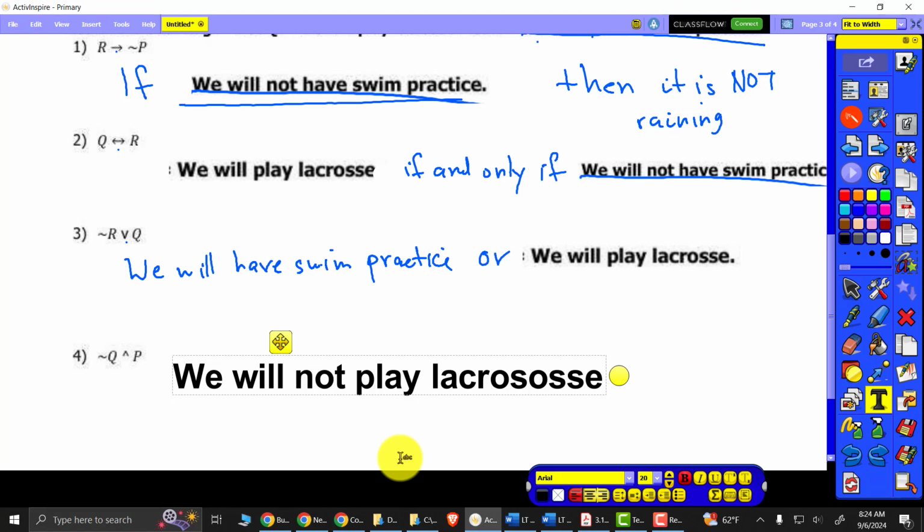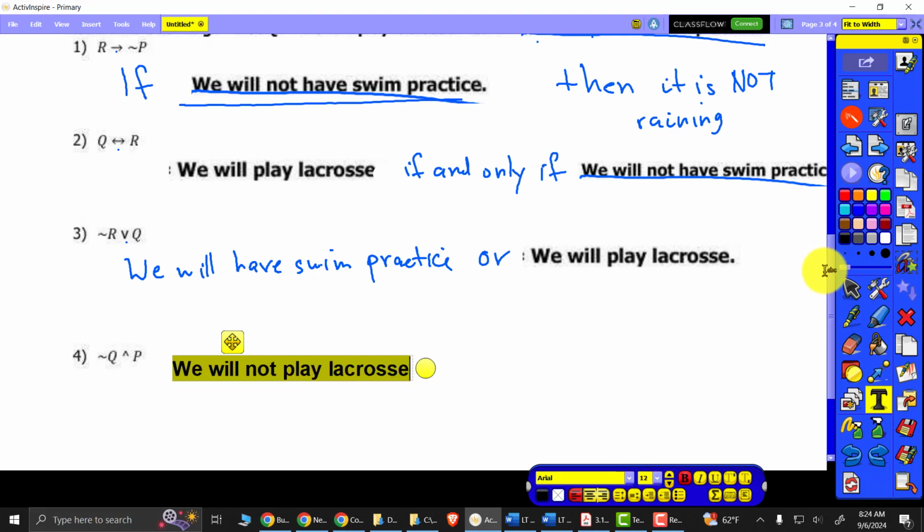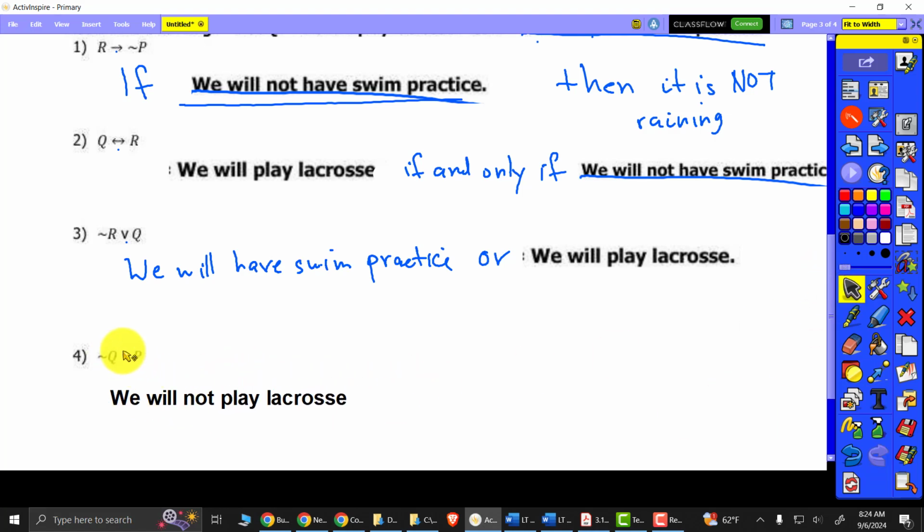Look at the spelling here. Lacrosse. Okay, let me make this smaller. Maybe 12. Okay, so that's your not Q. Q is, where's the Q again?